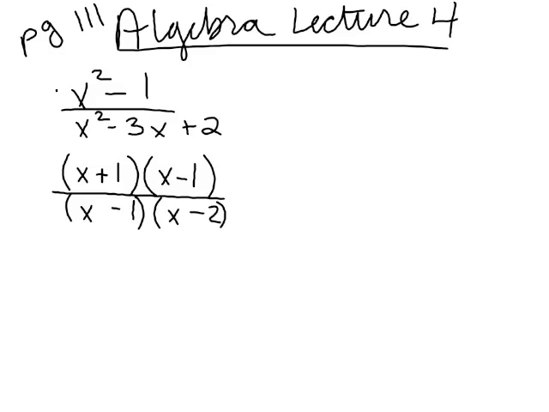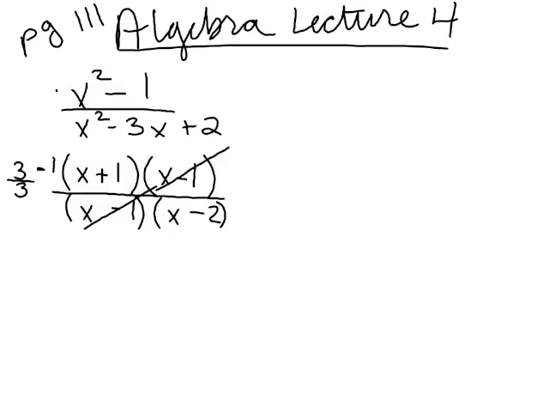So now that I have simplified each line of the fraction, I want to go through and cancel common factors. So my x minus 1 here and my x minus 1 there, those are common factors that can cancel out. So remember when we had a fraction, if I have, say, 3 over 3, it's really equal to a 1. Right?